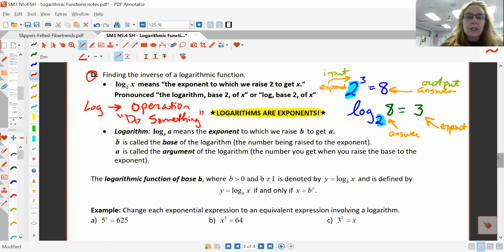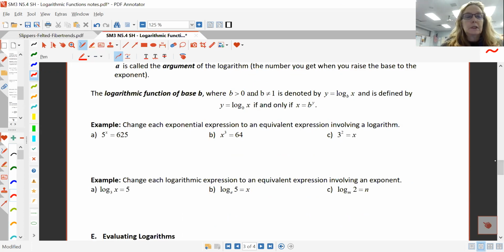So if we're looking at this practice here, if we're just trying to switch it, first of all, identify your base. If I look at A, the base is 5. So if I switch to logarithm, the base is still 5. Base is always the base. Then here is my answer, so that's what changes for my input.